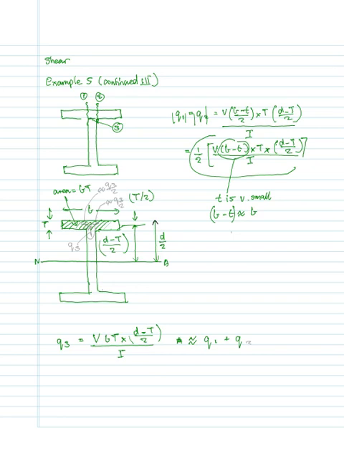So B minus T is approximately equal to B, since T is very small, and therefore Q3 is approximately equal to Q1 plus Q2.